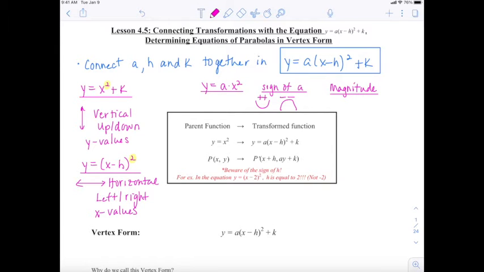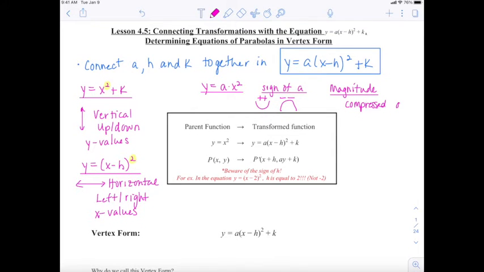So this tells us if it's compressed or stretched. And we know it's compressed if the magnitude is less than 1. So remember, the magnitude means the size, not the sign.